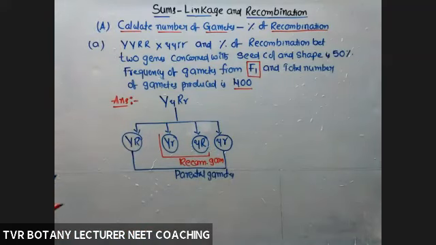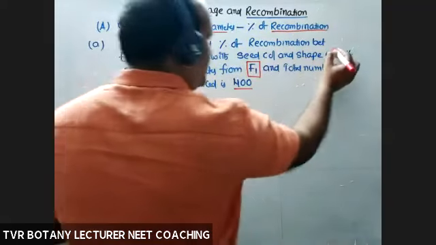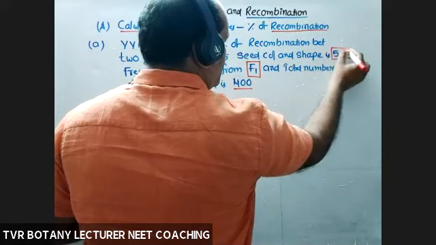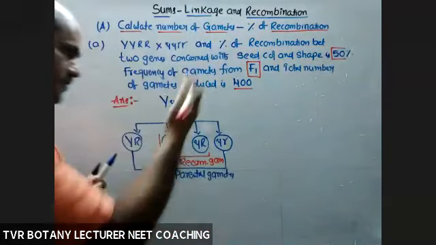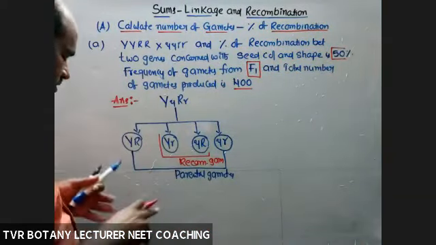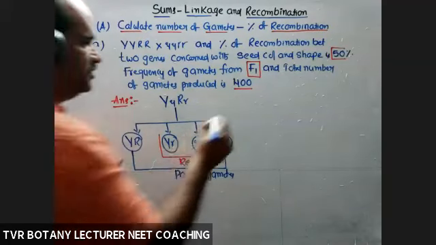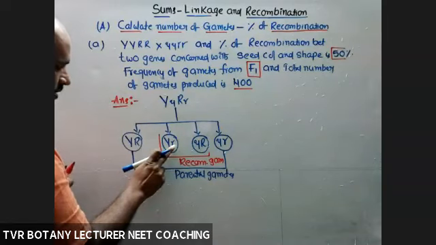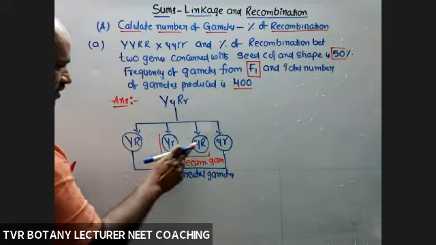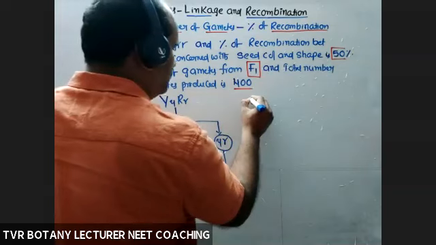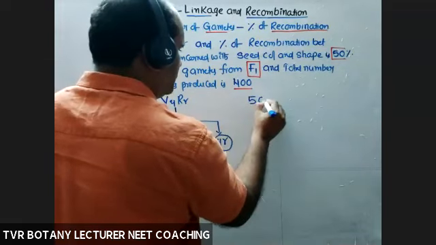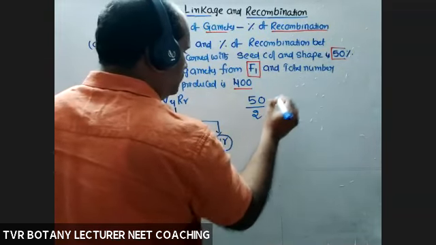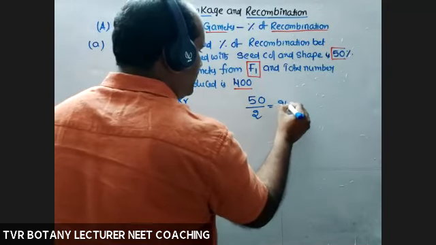Now go back to the percentage of recombination. 50% recombinants are given. What about the total number of kinds of recombinant gametes? 1, 2. So now 50% divided by 2 is 25.